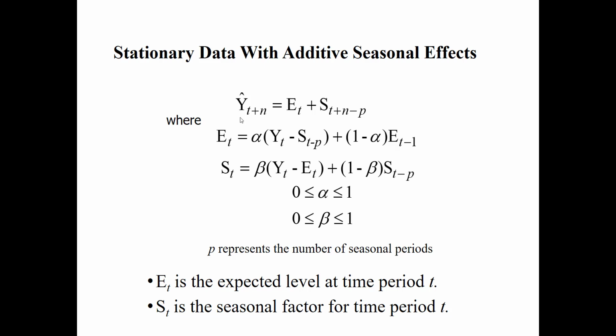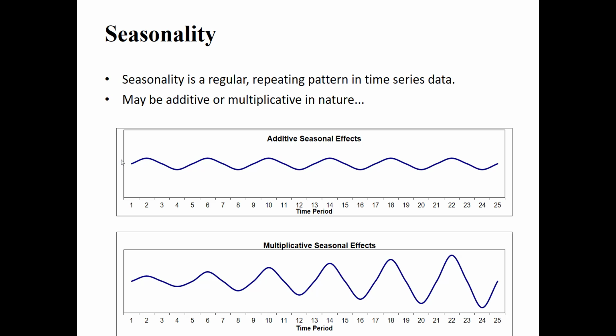That means p depends on the type of data we have. Now E_t, the expected level, you can assume as an average, for example a linear value at each time, and then we add a seasonal effect, which is an adjustment to the expected level.